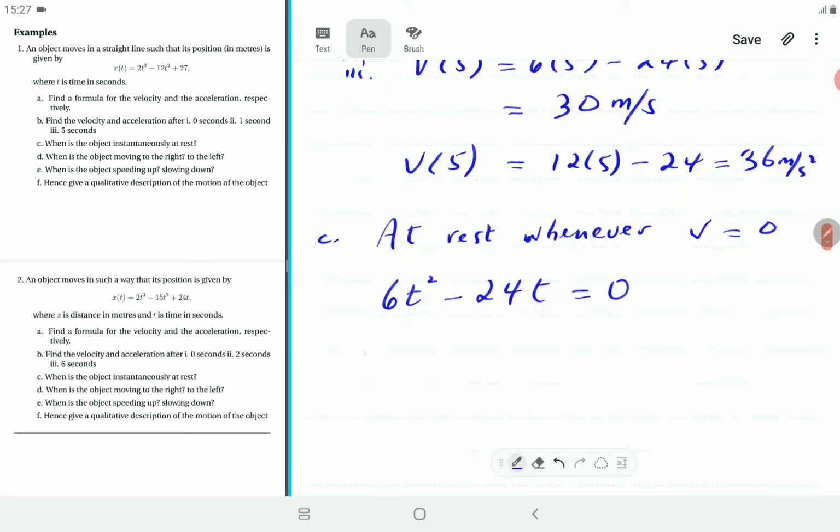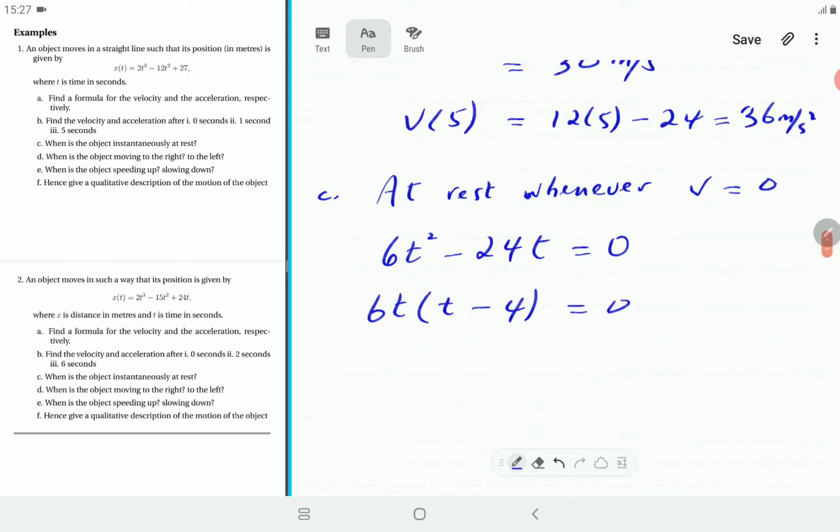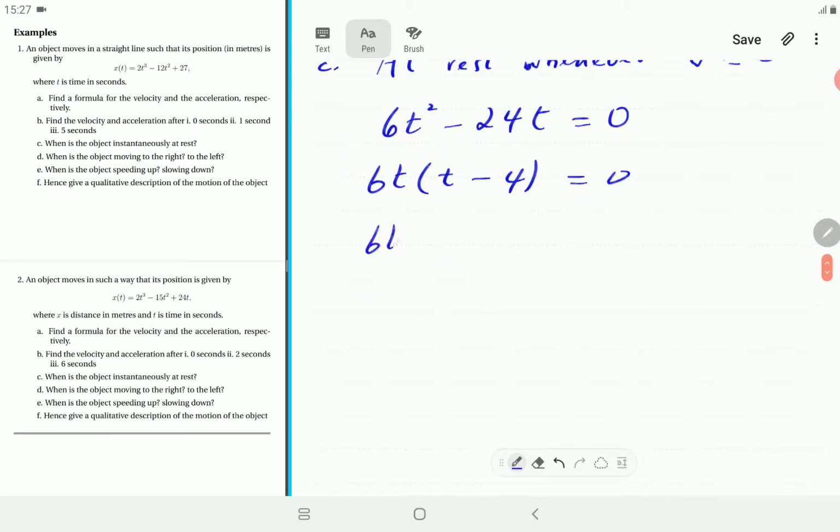Now we're going to notice that 6t is the common factor here. So this tells us that either 6t is 0 or t minus 4 is 0. So this one gives us 0 seconds. This one gives us t equal to 4 seconds.